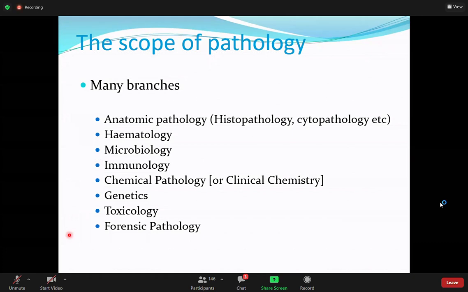But normally, if you are doing cytopathology, you don't need a biopsy. The advantage of cytopathology is you can do it in your office. You can pass a needle here and take the cells, spread it on a slide, and then you can give your report.